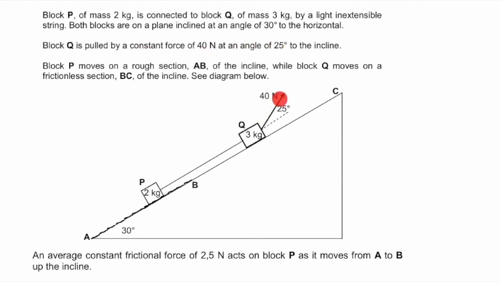This is a little bit new, right? And now P moves on a rough section, so over here we've got gravity, while Q moves on a frictionless section of the incline. See the diagram below. So everything is in there, and then they tell you that the average constant frictional force is 2,5 Newton that acts on P as it moves.